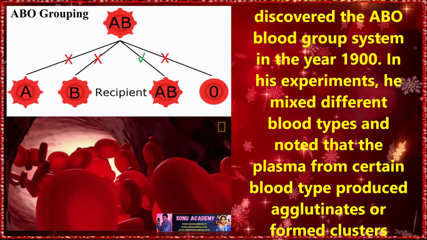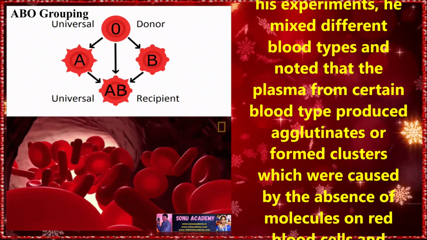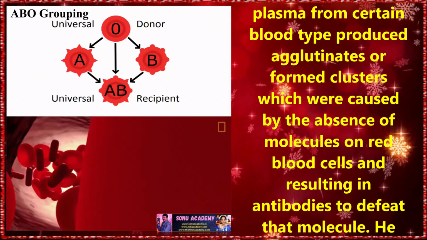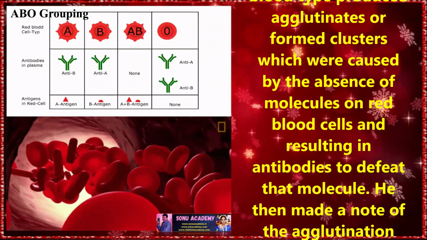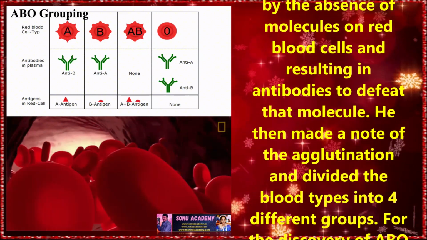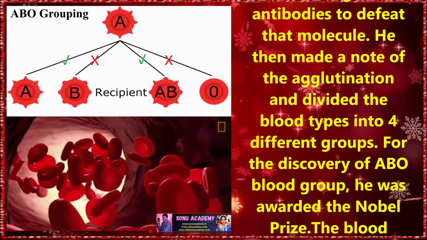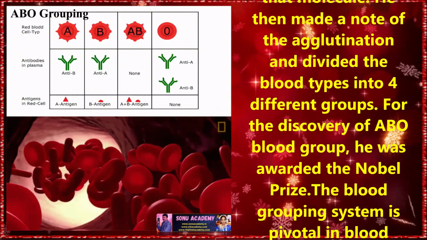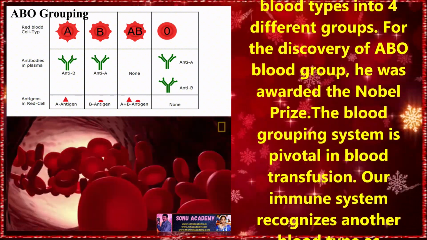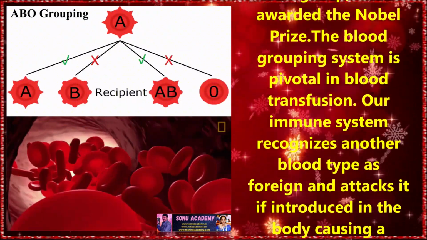In his experiments, he mixed different blood types and noted that the plasma from certain blood types produced agglutinates, or formed clusters, which were caused by the absence of molecules on red blood cells, resulting in antibodies to defeat that molecule. He then made a note of the agglutination and divided the blood types into 4 different groups. For the discovery of the ABO blood group, he was awarded the Nobel Prize.